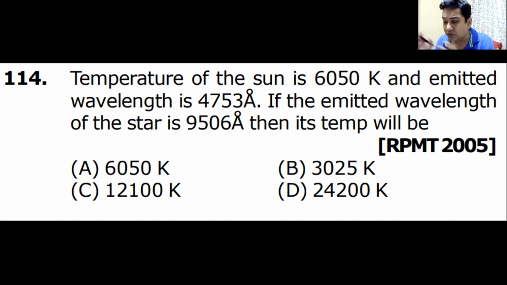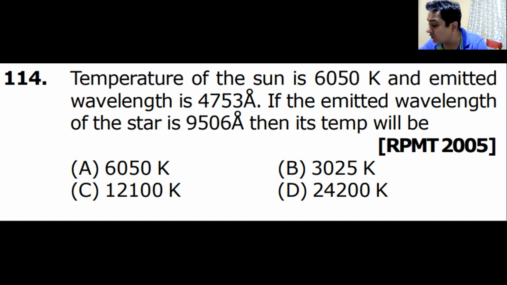Instead of using the wavelength as 4,753, you can simply use 4,750, or if the options are very varied, even 4,700, and your answer will come approximately the same. Instead of 9,506, you can simply use 9,500.